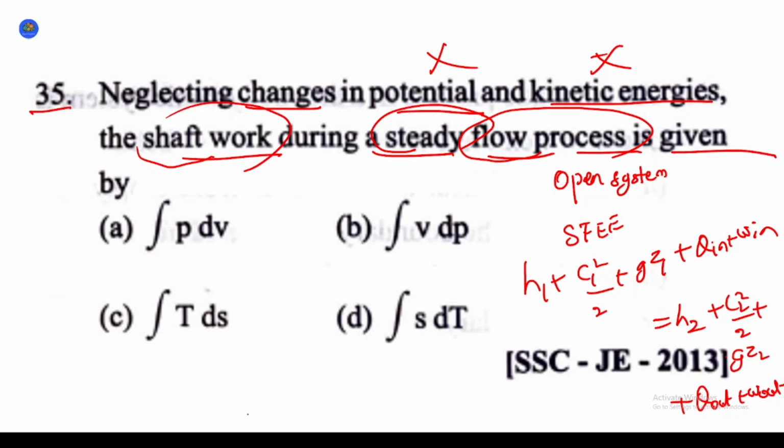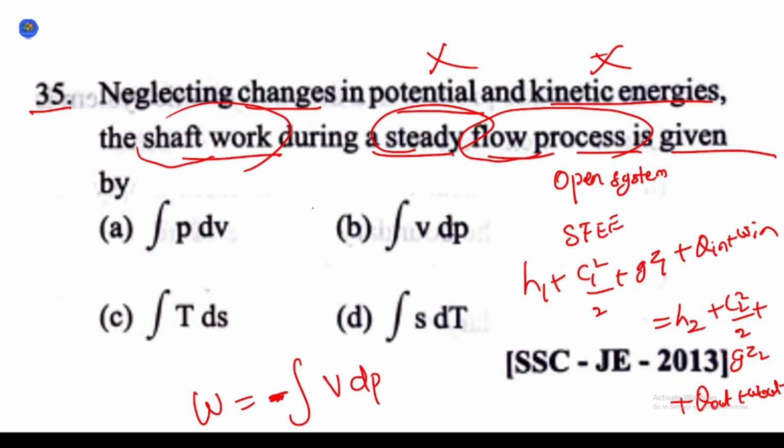See, generally the work done will be equal to VdP, so there should be some pressure change, and you should also include a negative sign for this.